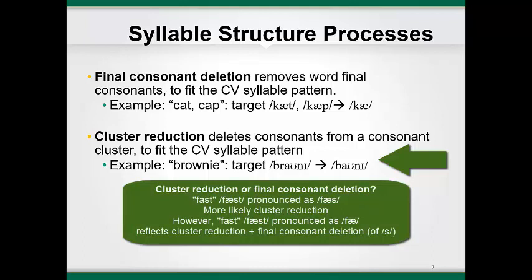Notice also that the pronunciation of the word fast becoming fas is an example where it might seem that the change fits the definition of more than one phonological process, either final consonant deletion or cluster reduction. In this case, I'd say it better fits cluster reduction because there is still one consonant left in the coda. If fast just became fa, then I might say that two processes applied, first cluster reduction and then final consonant deletion.